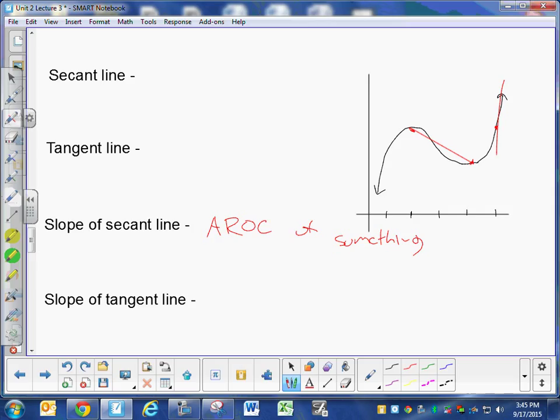And what was the average rate of change when those 2 points get infinitely close together? So if I take this point and make it infinitely close and then I extend it, we get a tangent line, and average rate of change becomes what? Yeah, an exact rate of change or an instantaneous rate of change. So a tangent line just touches, and the slope of the tangent line we say is an exact or an instantaneous rate of change. Break out your notebooks and write that down. That's important.